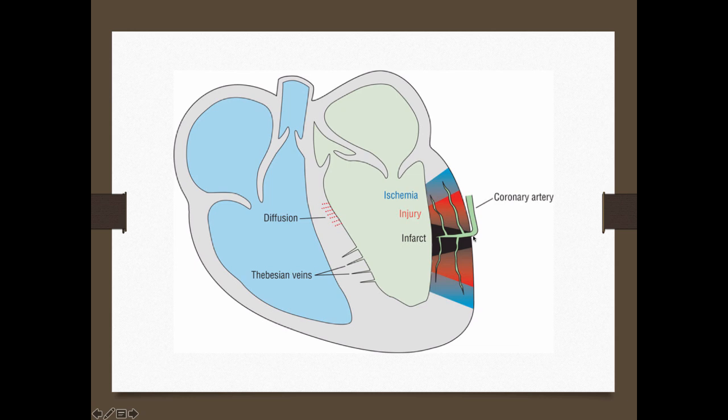If we do block off this coronary artery, we've got areas of ischemia, injury, and infarct, which we're going to dig into a little bit deeper coming up. But if this coronary artery is compromised, we still have these compensatory mechanisms to provide our cardiac muscle with just a little bit of oxygen supply.